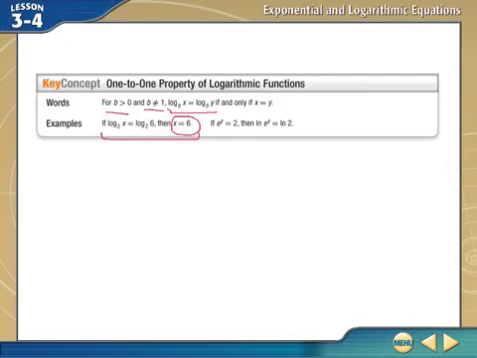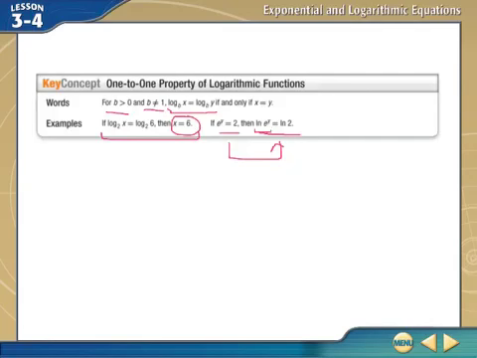If e raised to the y is equal to 2, then the natural log of e to the y is equal to the natural log of 2. What they're doing in this second example is taking the natural log of both sides, and the natural log of e is equal to 1.